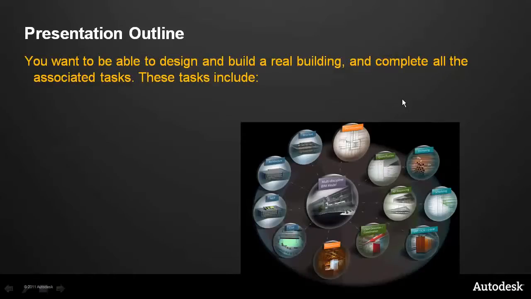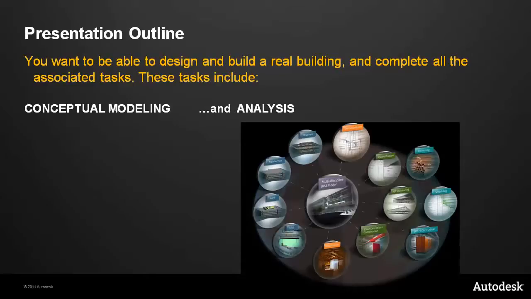By way of an overview, the design process is made up of many associated tasks. There's usually an assumption that you're going to begin with conceptual modeling and maybe analysis at a very early stage. Take that model and go through the process of design development, visualizing all the time as you're working, because you're communicating with a client or with other people in the design team.